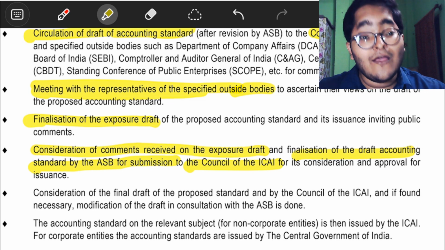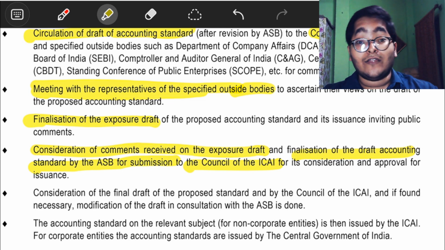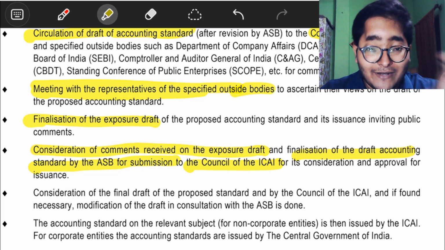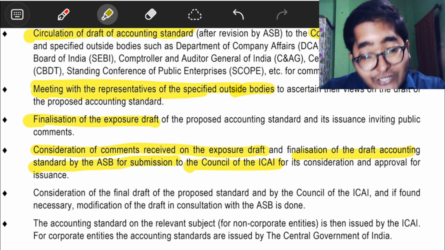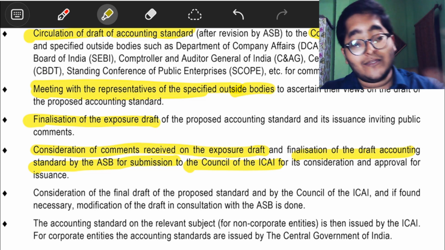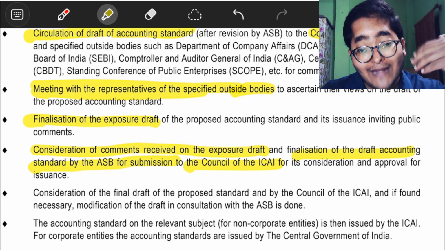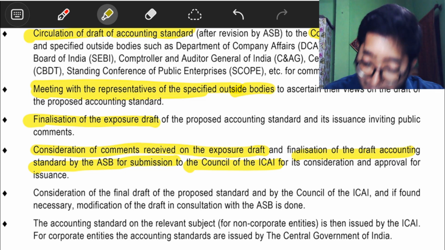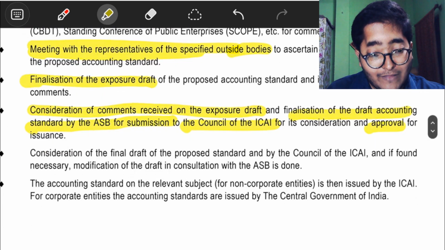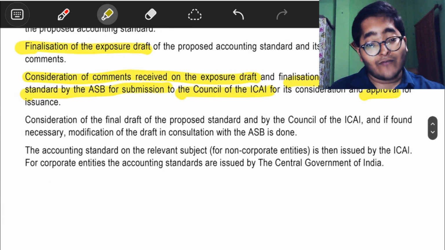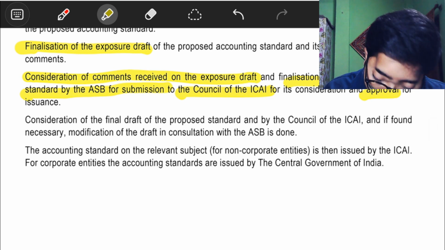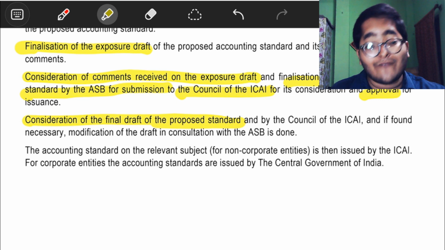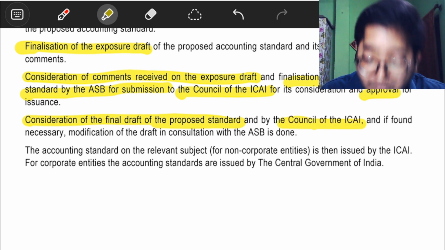The comments on the exposure draft are considered, revisions and modifications are made, and then the accounting standard is drafted and submitted to the Council of ICAI for consideration and approval. Next is consideration of the final draft of proposed standard. The final draft of proposed standard is considered and a final draft is made by the Council of ICAI.